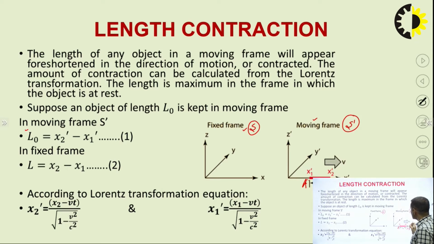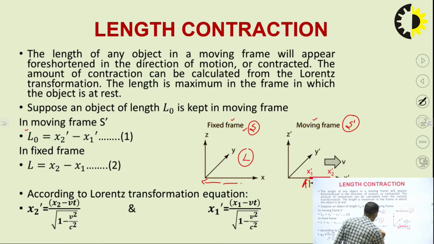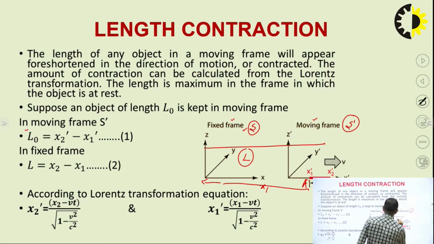At the same time, if this object is observed from the fixed frame, also known as the stationary frame, assume that the length of the same object AB is L. Then the coordinates of the end points of this object AB with respect to the fixed frame, from its origin, are x1 for point A and x2 for point B.